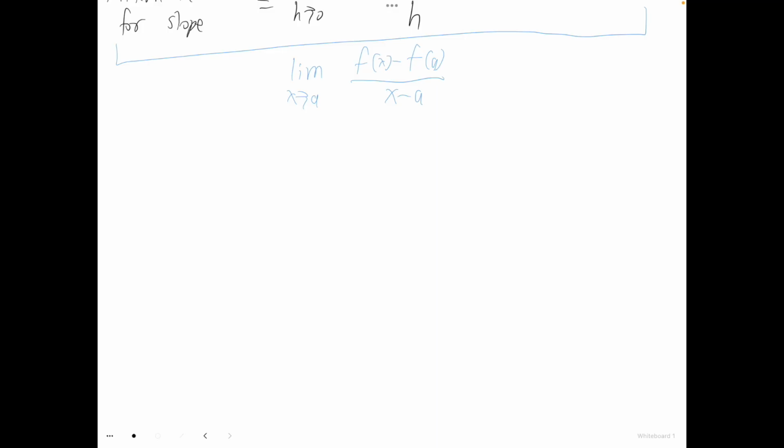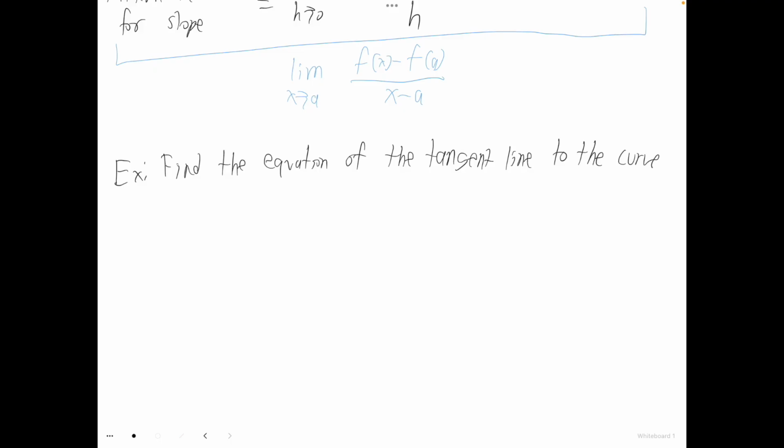And so we want to do the following. We want to find the equation of the tangent line to the curve y equals 3 divided by x at the point 3, 1.